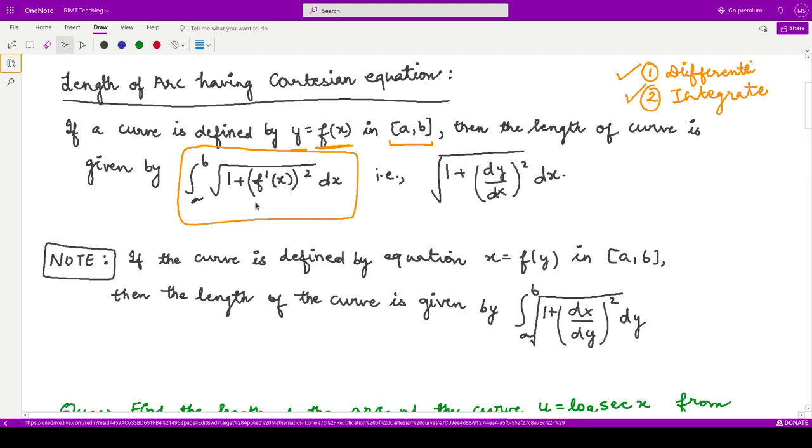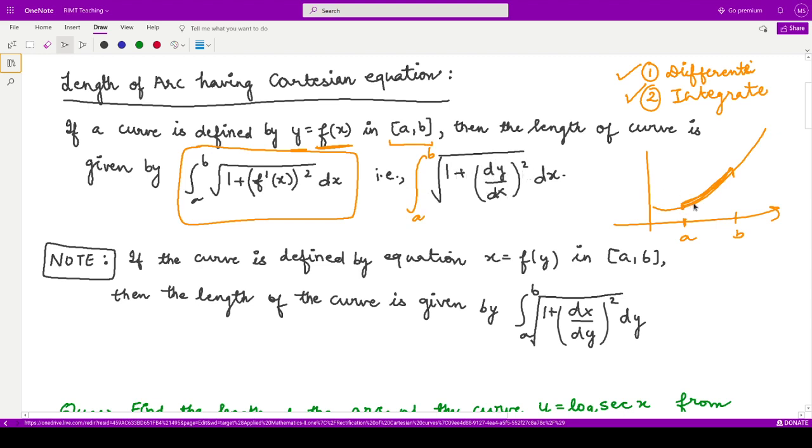So this is the formula to find the length of the given curve. Suppose this curve is given to you, and this is some interval a to b. You are asked what is the length of this curve from a to b. For that, you will perform the integration from a to b of the square root of 1 plus dy by dx whole square.